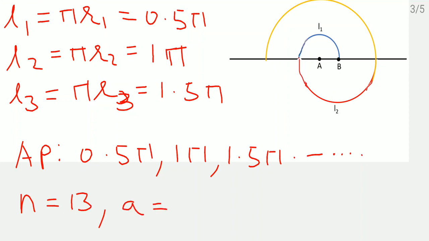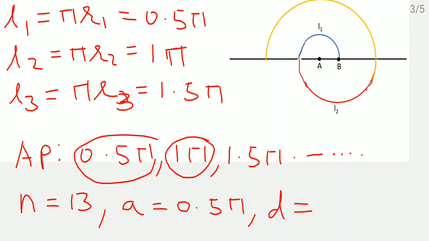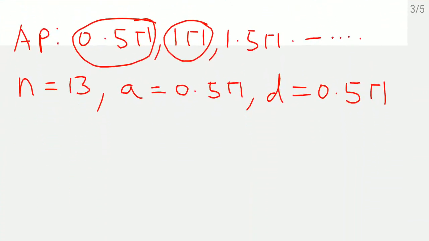Now first term a, which is equal to 0.5 pi. I need to get d, the common difference. This is the second term and this is the first term. So the difference between 1 pi and 0.5 pi. So 1 minus 0.5 is nothing but what? 0.5 pi. Okay, I know a, I know d, I know n. Now I will use the sum of n terms formula.